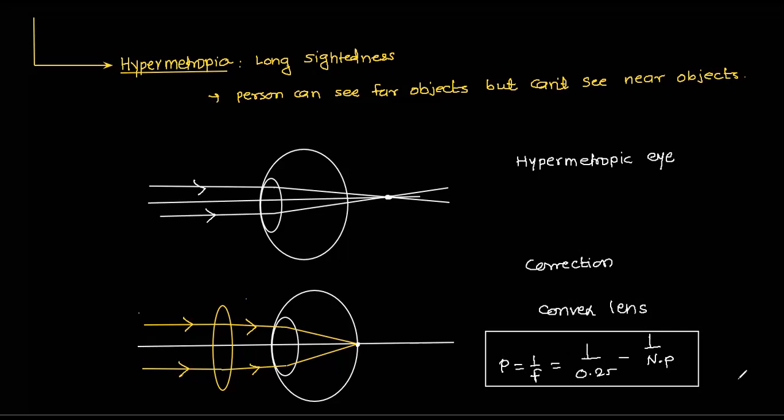Okay, so next defect of vision is presbyopia.